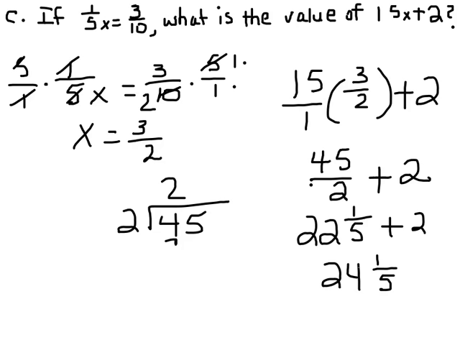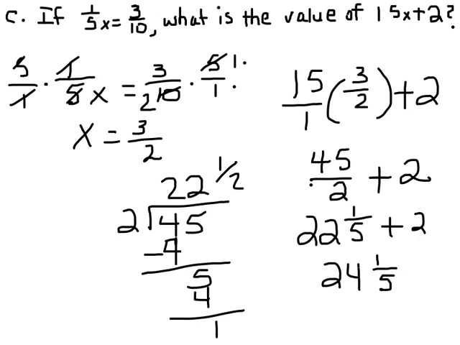That goes 2 times, that's 4. 5, that goes 2 times, minus 4 is 1/2. Glad I caught that, huh? 24 and 1/2. Let's erase that so it looks clear. 22 and 1/2 plus 2 is 24 and 1/2.